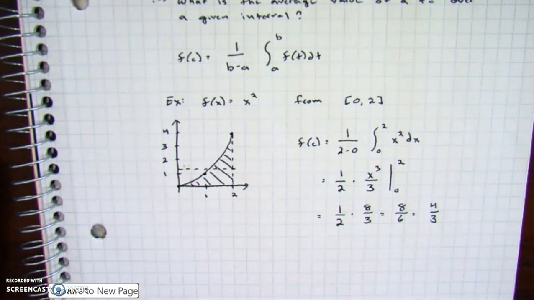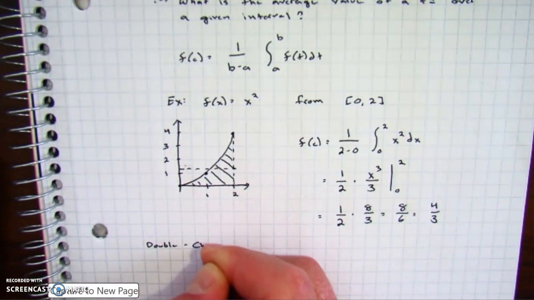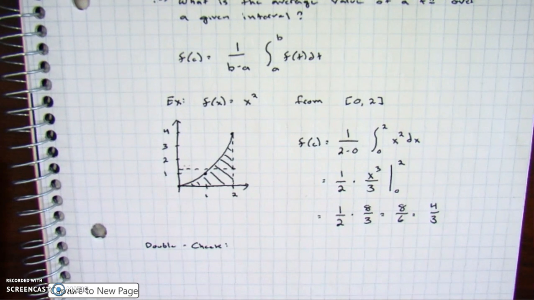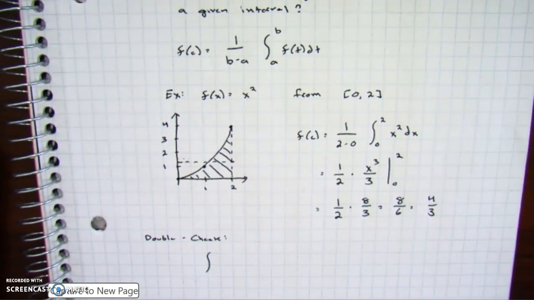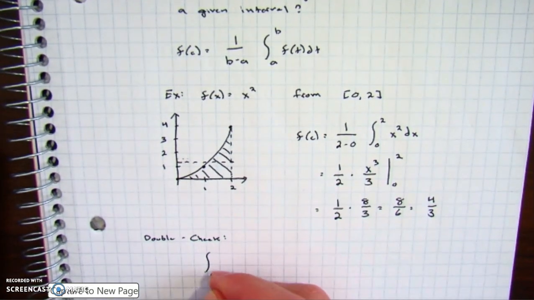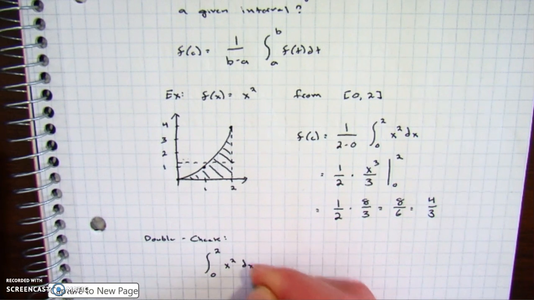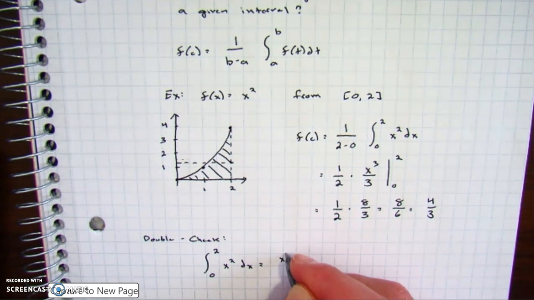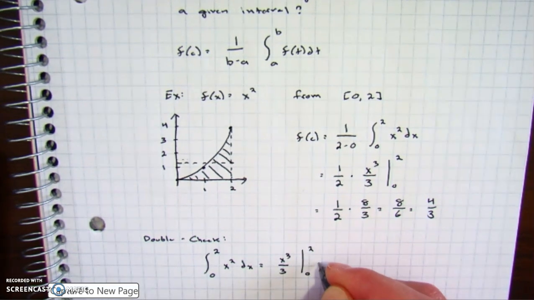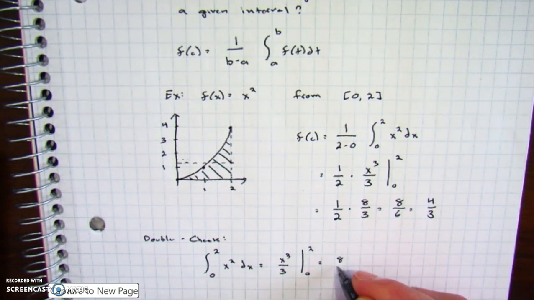We take the integral from 0 to 2 of x squared dx, which equals x cubed over 3 from 0 to 2. 2 cubed is 8, so that's 8/3.